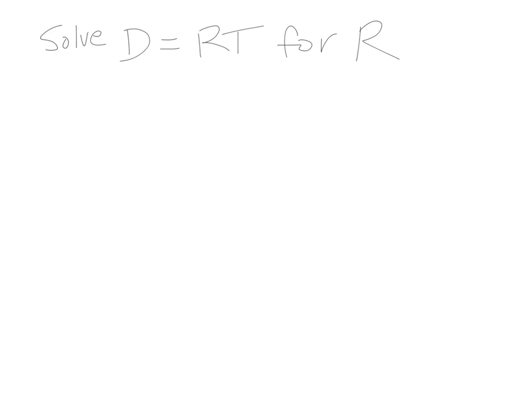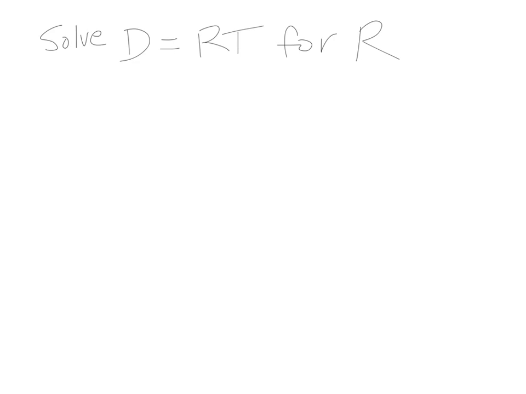Now, the remaining problems we're going to do have to do with rearranging formulas, which is something that has to be done often in science and in business. So, this problem says solve D equals RT for R. I want to get the r by itself. So think about how you solve any equation.